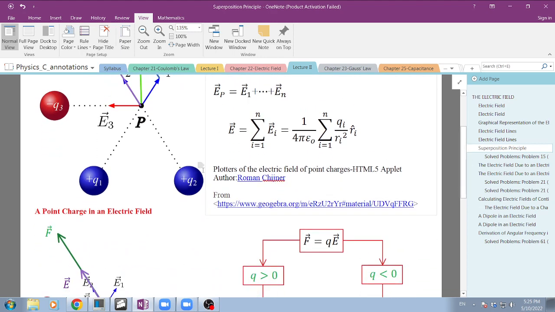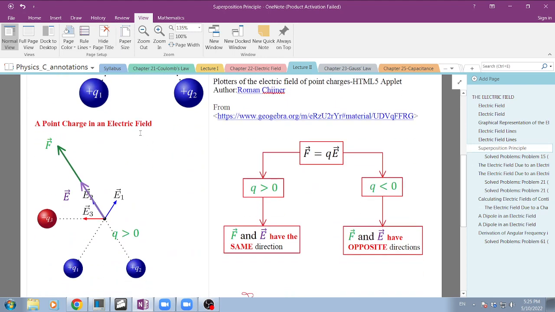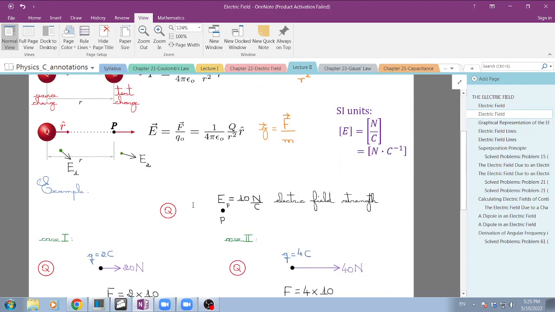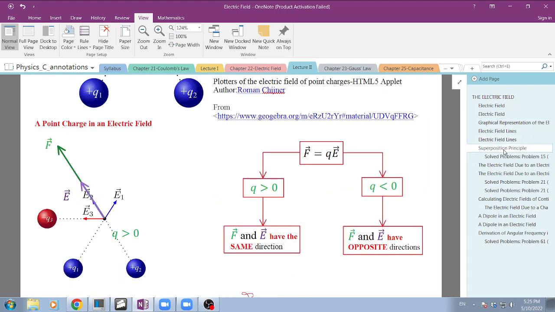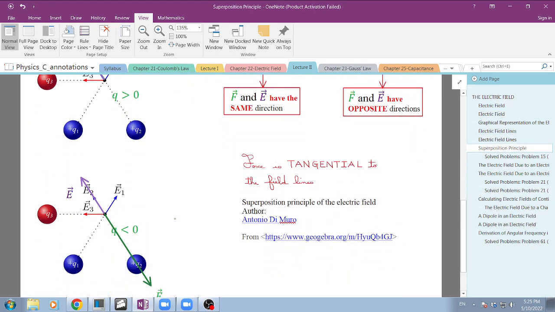And just remember, in general, what I showed you in my explanation is valid when we calculate the forces. We have to consider the charge of the particle, right?